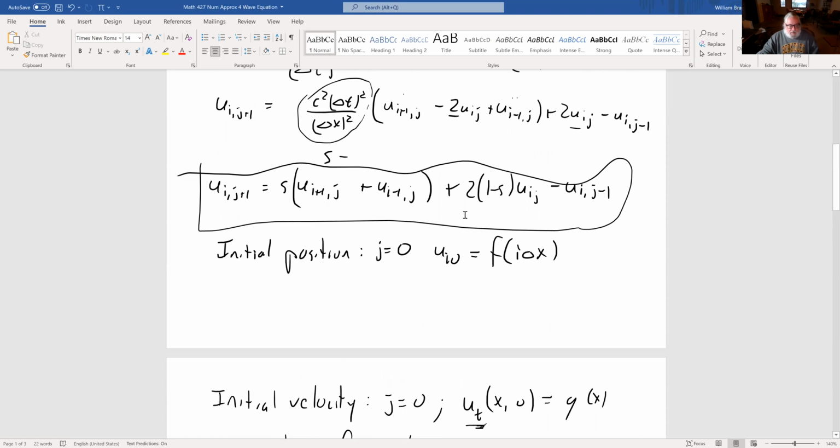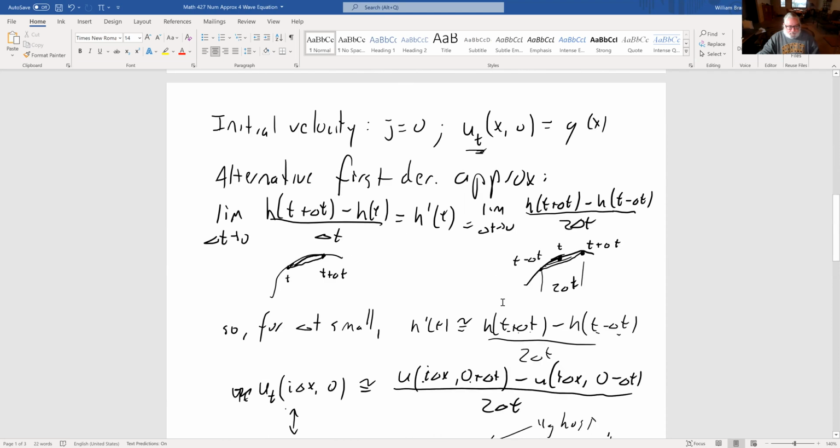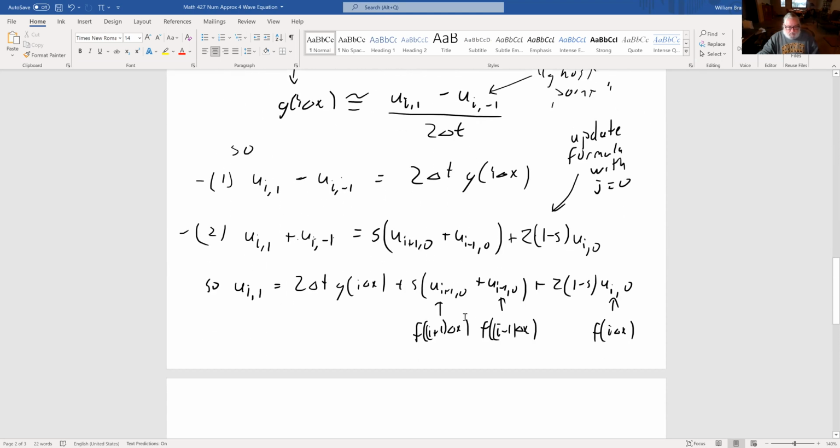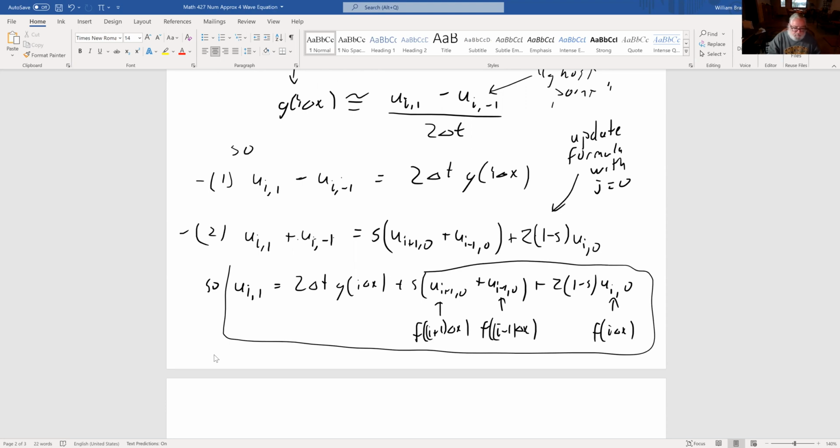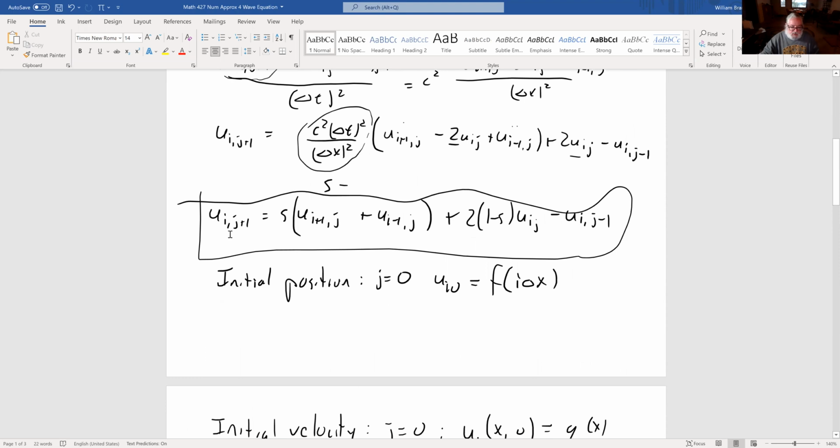So this is the update. The initial position is this. This is time t equals 0. This is time t equals 1, down here. So we've got t equals 0 and t equals 1 set up. And then once we know those two, we can just calculate all the t's going forward.